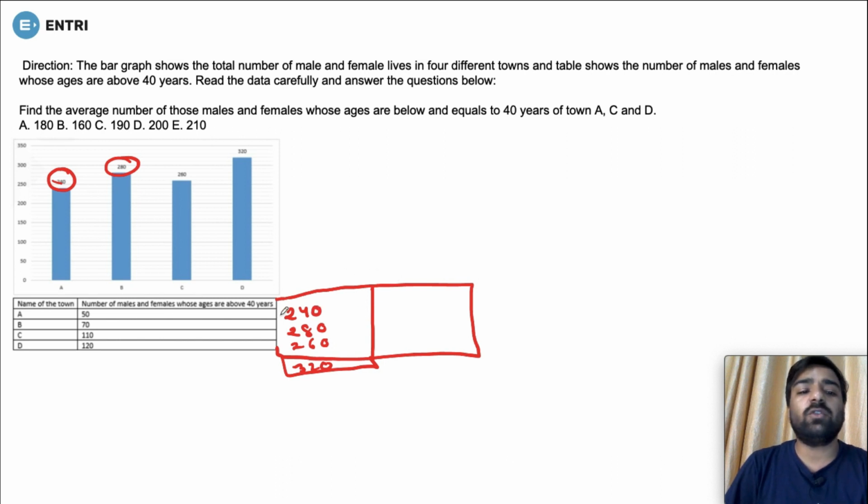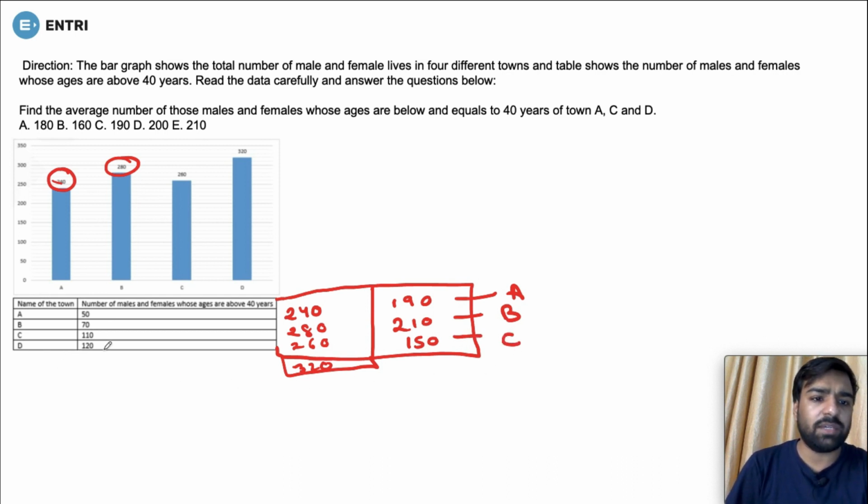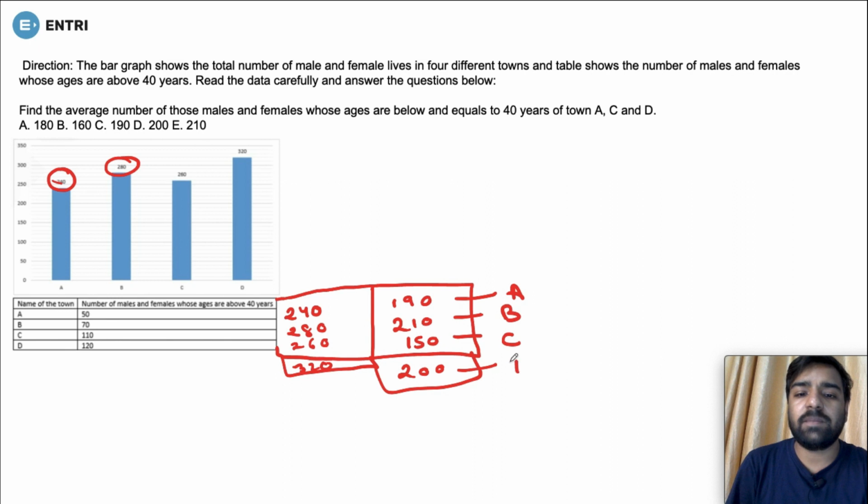So it will be 240 minus 50, that is 190 for town A. 280 minus 70, that is 210 for town B. For C, it is 260 minus 110, so it would be 150 for town C, and for town D it would be 320 minus 120, that is 200 for town D. Fine. So these are the numbers of people.